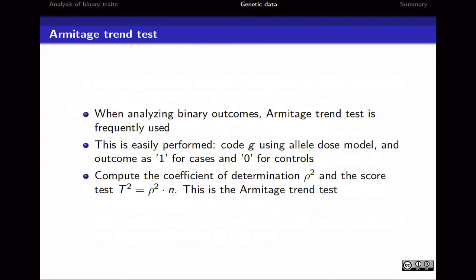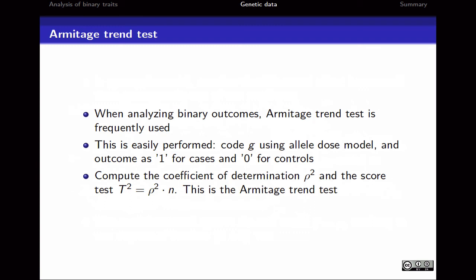So you have 2 random variables, so each person has a case-control status 0 or 1, and has either of the 3 genotypes. So what you do, you take the vectors of these 2 random variables and you compute the correlation between the two, and you square it to obtain the coefficient of determination, and then you simply compute the score test as the product of the sample size by the coefficient of determination.